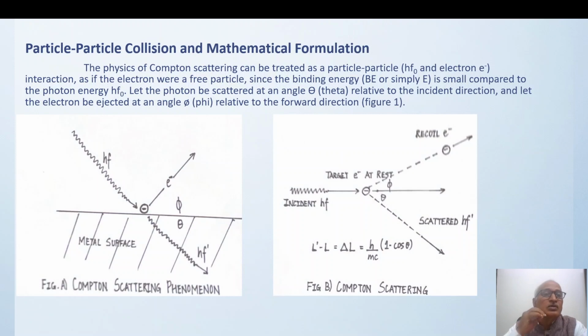Particle-particle collision and mathematical formulation. In the beginning, I have told you, Compton effect provides ample evidence that electromagnetic radiation is corpuscular in nature. Electron is also a particle. So collision between the incident photon and electron is the main cause of this phenomenon.